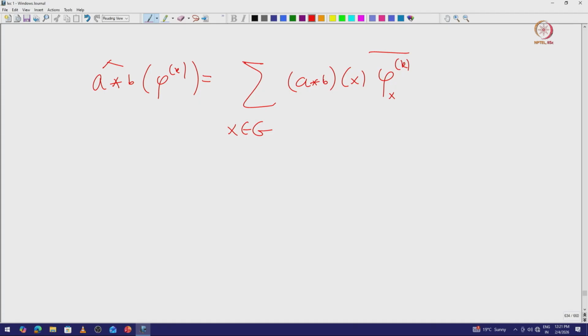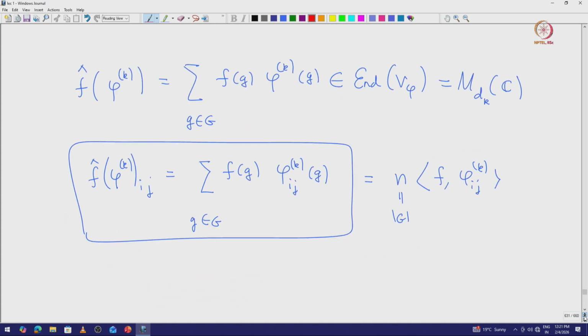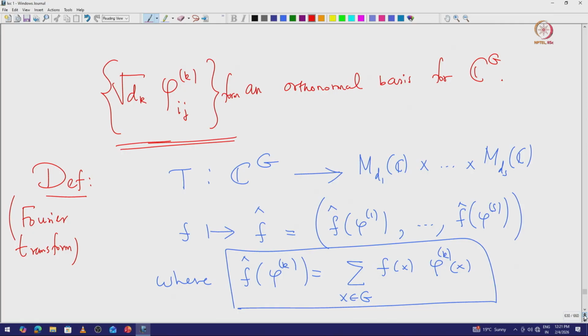So, okay, we need to be a little bit careful because we have taken the Fourier transform to be, I have taken to be the bar. Let us go back to the definition and then see. The definition tells that I have taken this summation f of x phi k of x.